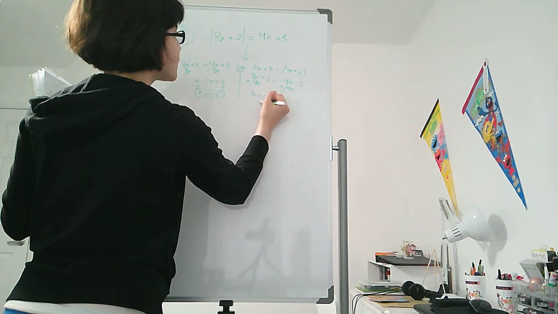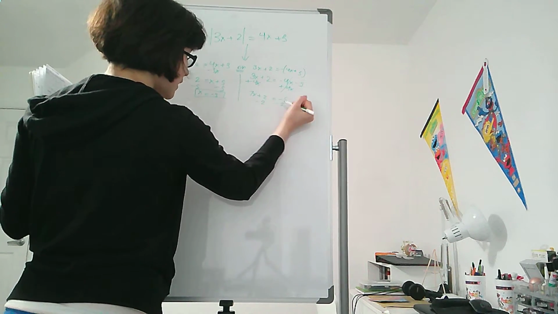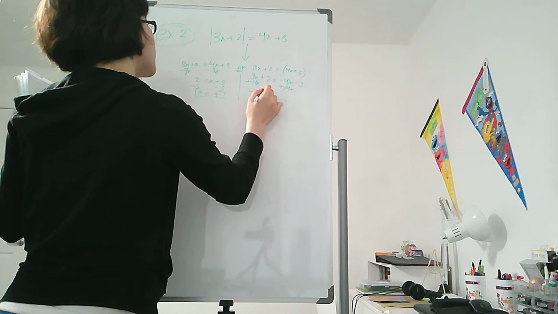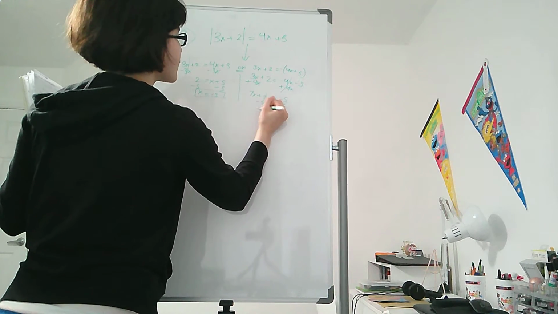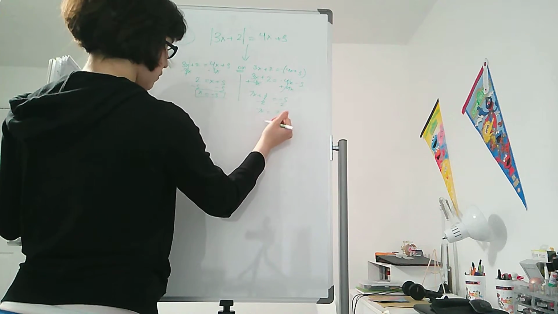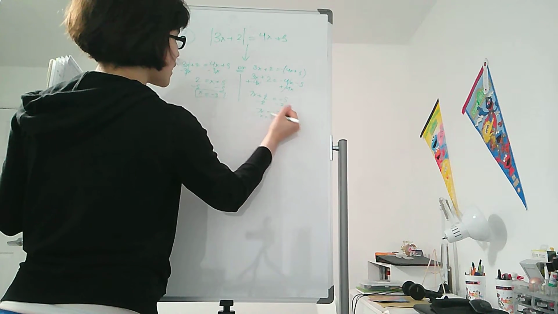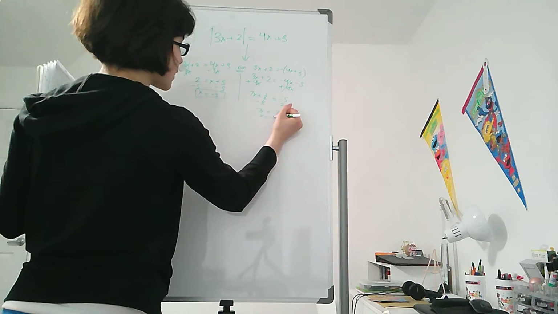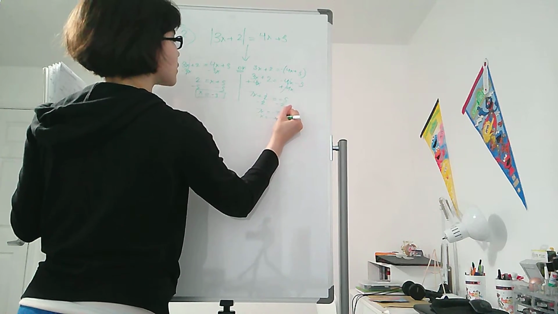And then we're going to subtract 2 from both sides. And this cancels out, so now we have 7x equals negative 7, right? And when you divide both sides by 7, you get x equals negative 1.